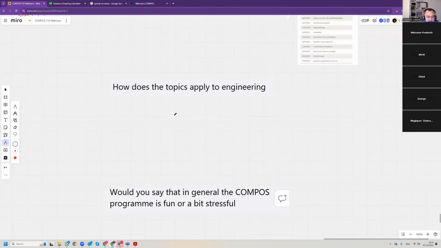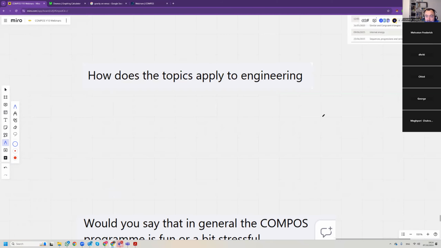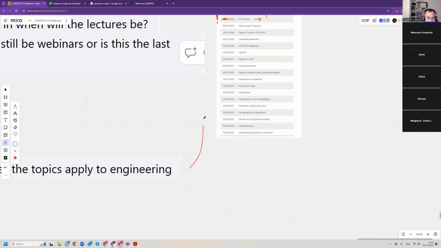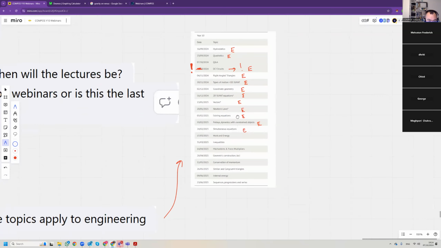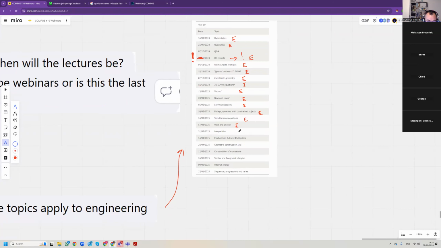How do the topics apply to engineering? Most of them do. Certainly engineering, definitely engineering.